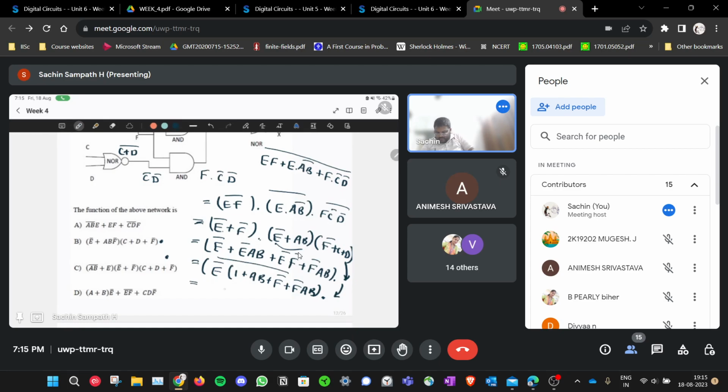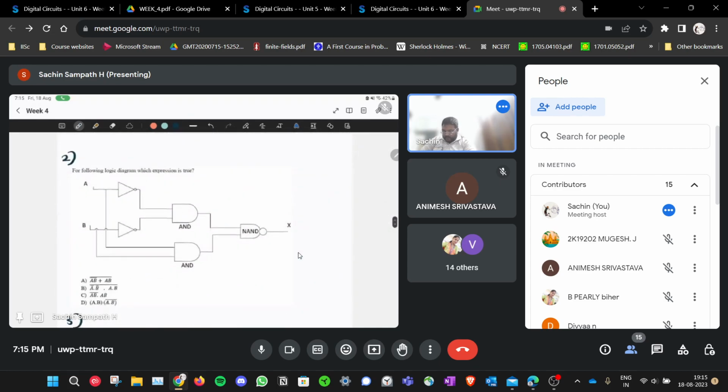So this thing is nothing but E bar plus F bar AB into F bar plus C plus D. So it's option B.